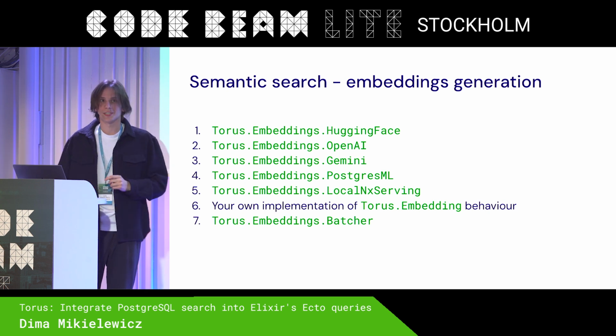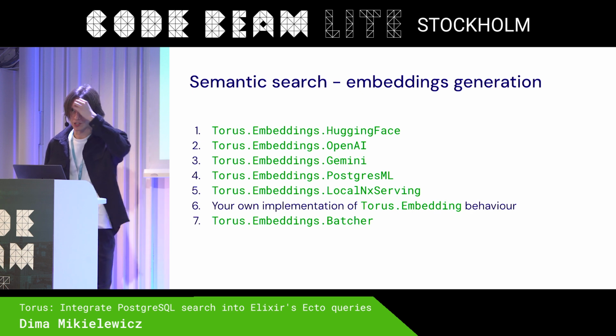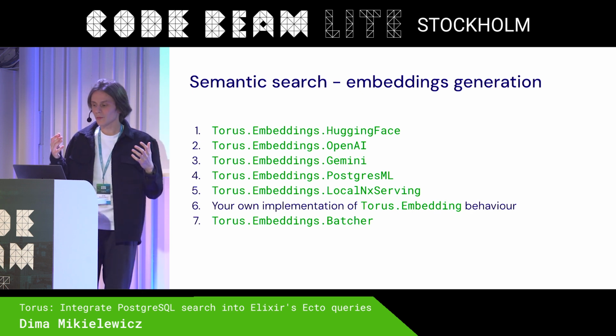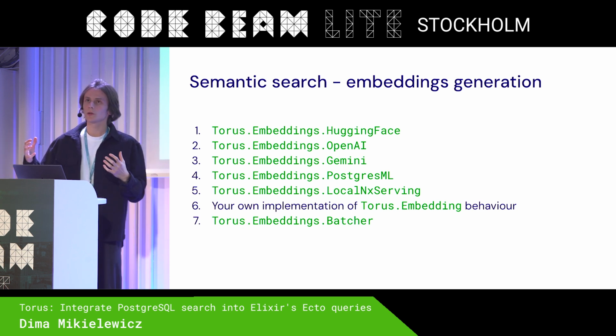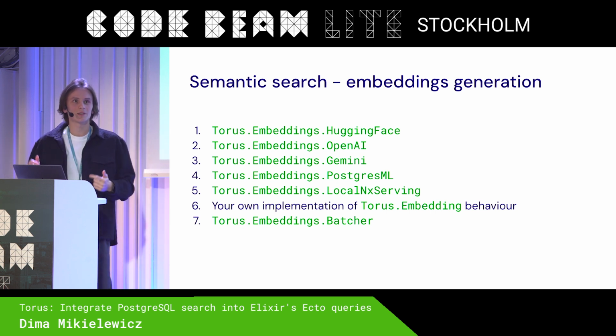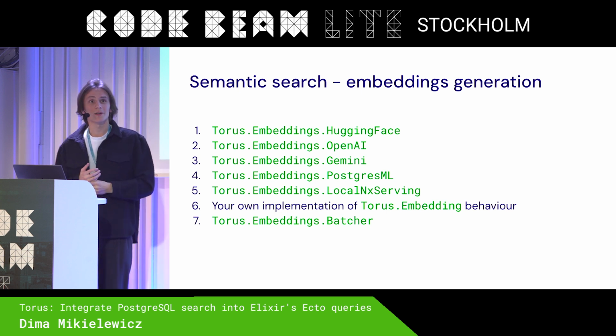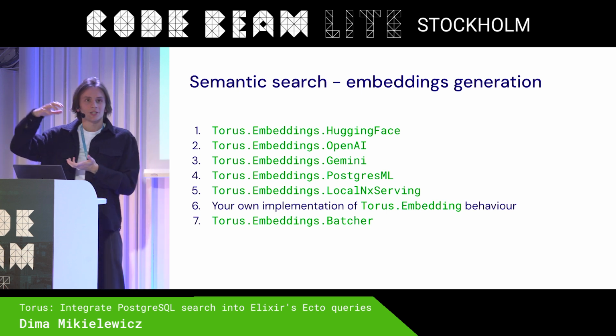And moreover, you have a Torus embedding batcher. Because of the cost of generating embeddings, you would probably want to save money, environment, whichever you want to save. And because of that, you want to batch the requests together.